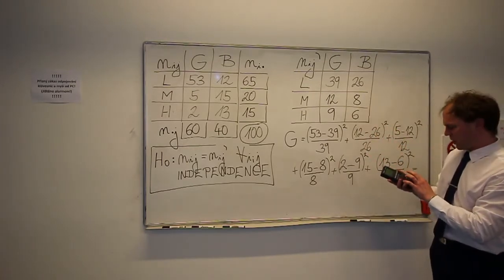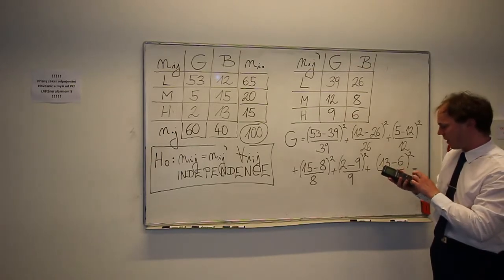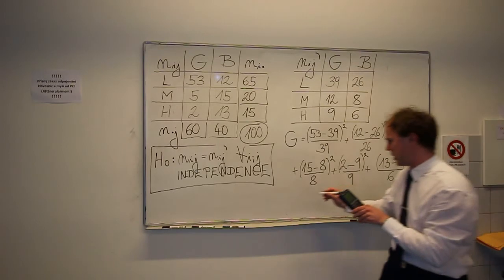So 53 minus 39 squared divided by 39 is 5.03.